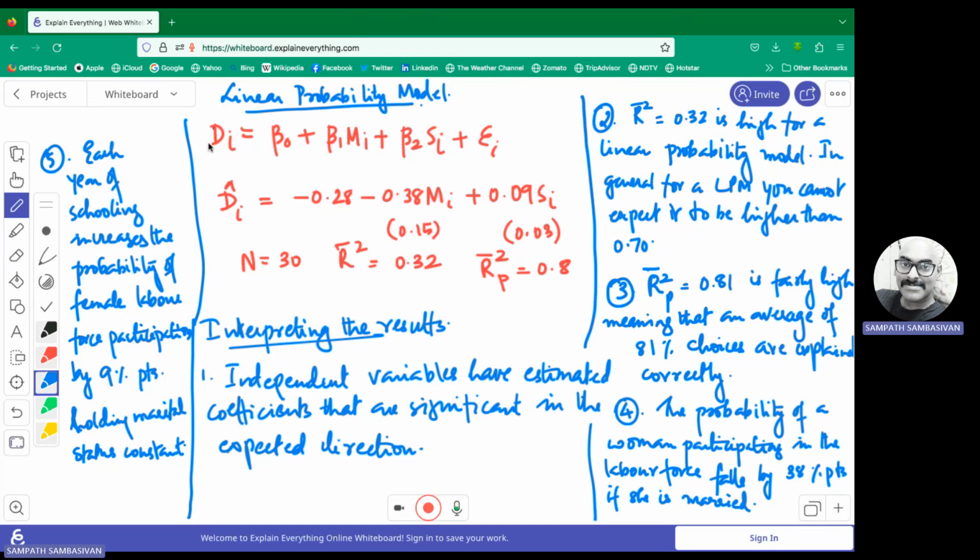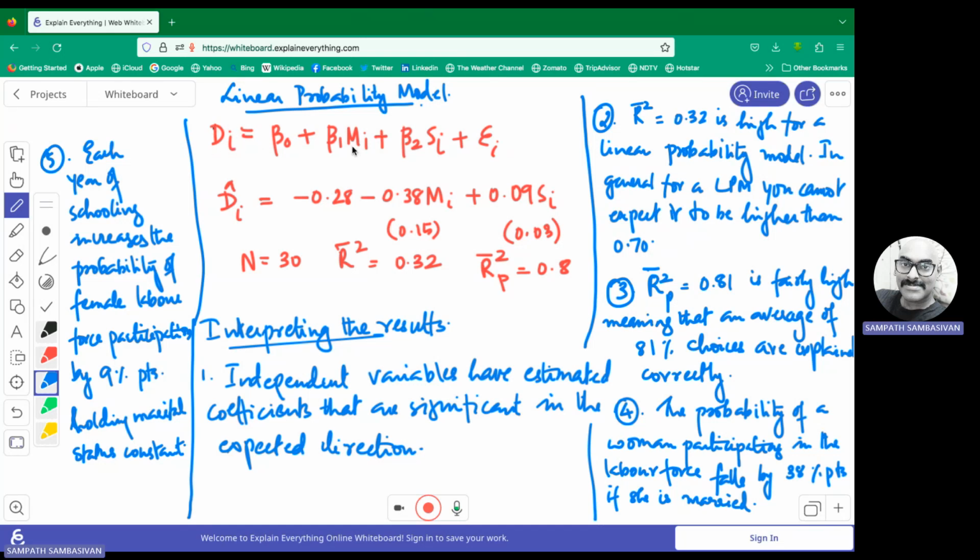Di stands for female labor force participation. Okay, that is whether a woman is there in the labor force or not. So we have defined this variable as D equal to 1 if a woman is part of the labor force and D equal to 0 if she is not. Okay, so this is a dummy dependent variable, right?